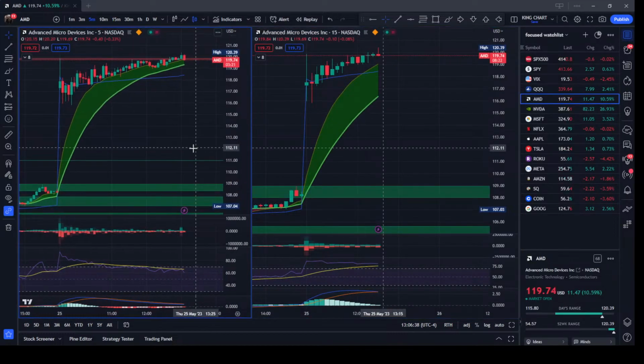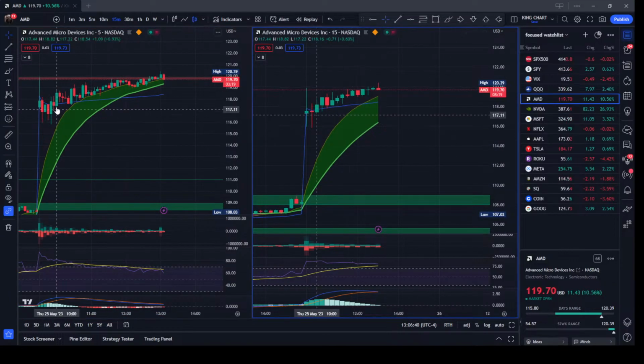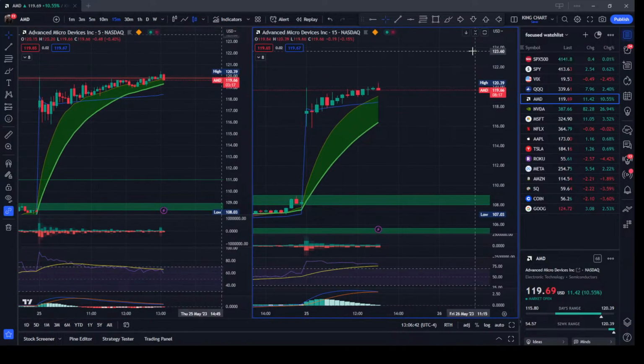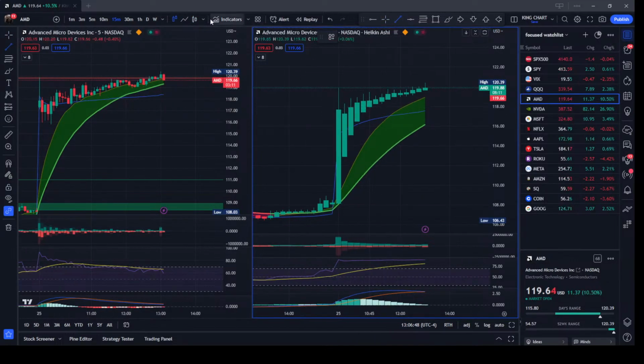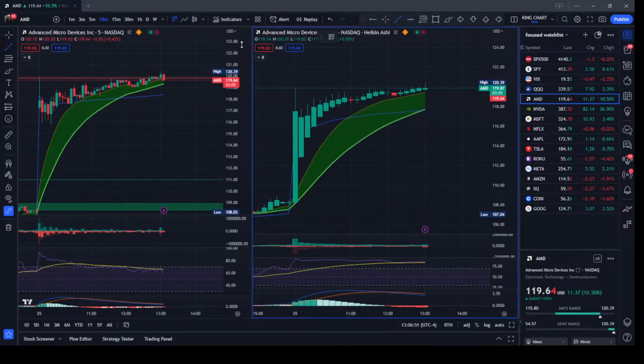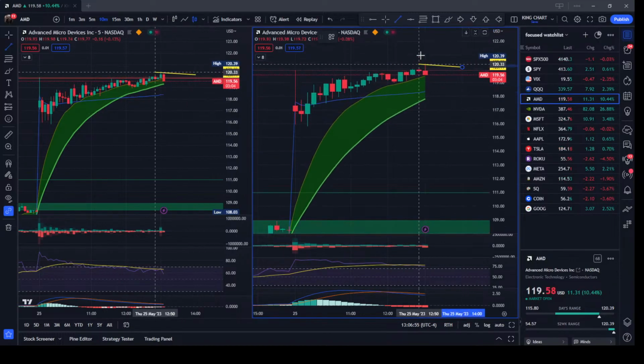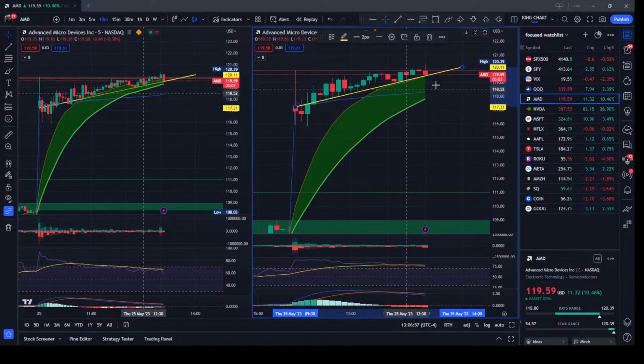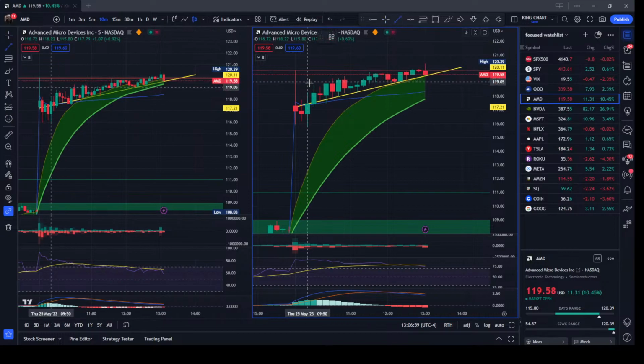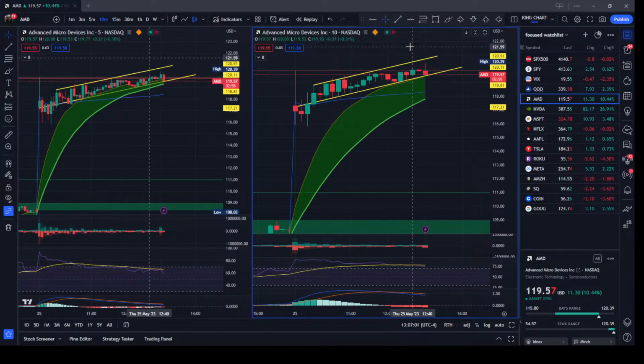Let's see, AMD. Well, we already know AMD had that huge gap overnight thanks to NVIDIA. Let's go to the 10. Okay, the 10's a little bit better. Oh, yeah.